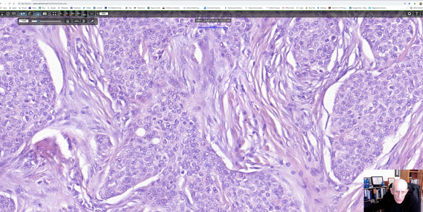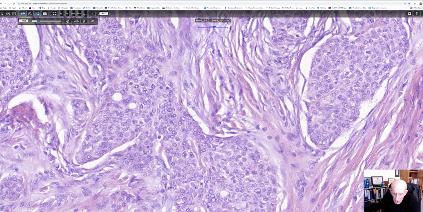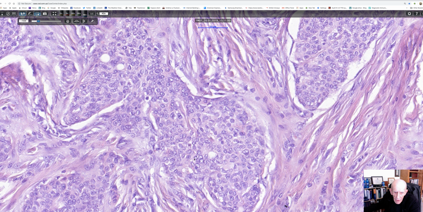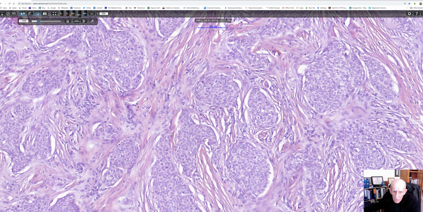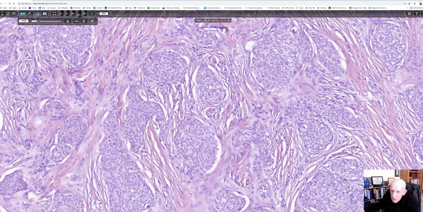There are another two intracytoplasmic lumina or ducts. Again, you can see this eosinophilic hyaline cuticle around with the nucleus shoved to the side. There's another one there. So we're getting a reasonable number of ducts.